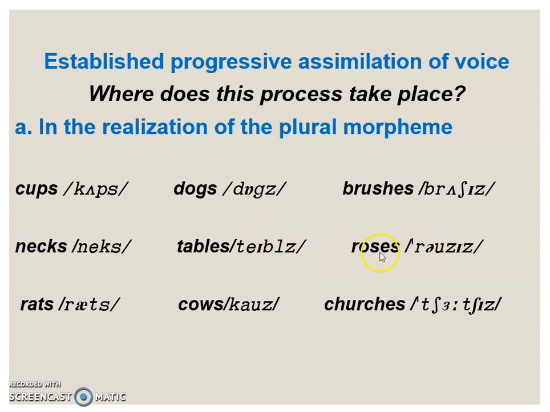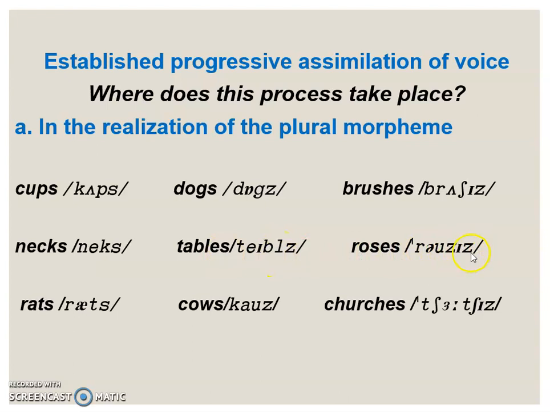But if we have a look at roses, rose is voiced too, and we have an extra syllable. So from now on, when we describe the processes, we should say that in tables, the plural is realized as a voiced sound z, because the previous sound is a voiced, non-sibilant sound.